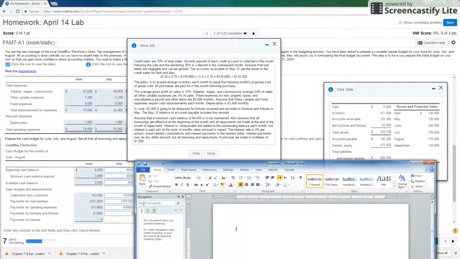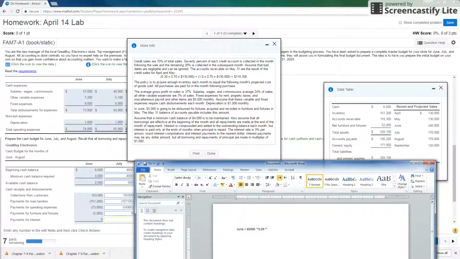So when do we get the loan? On June. And how much do we get? $65,000. And the question says all the borrowing are effective at the beginning of the month. So at the beginning of the June, we have 65,000 of borrowing. For the June, we have the interest rate of 9%, not 90%.